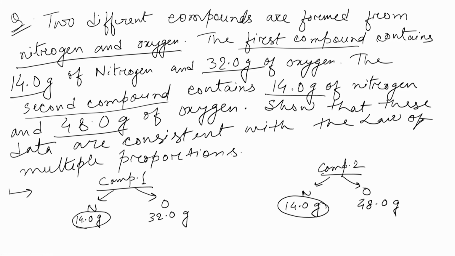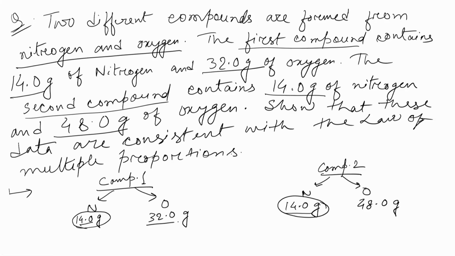Now let's see that the mass of nitrogen is the same in both these compounds. That is, in both cases the mass of nitrogen is 14. The law of multiple proportions says that one component will be fixed and the other component will change its ratios. So here the nitrogen is fixed.